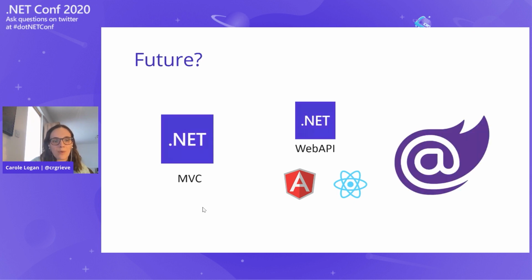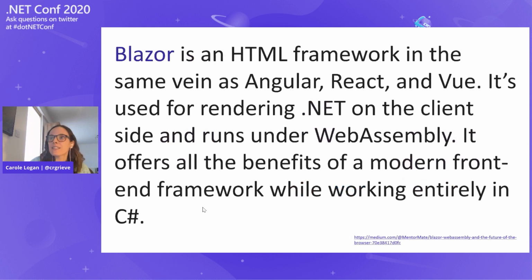So something that has really caught my interest as a .NET developer has been Blazor, because it seems to, at least, give us the best of both worlds, where we can write our .NET code and still have that single-page application functionality. So what is Blazor? Blazor is an HTML framework, kind of along the same vein as Angular and React and Vue, and it's used for rendering .NET on the client side using WebAssembly.